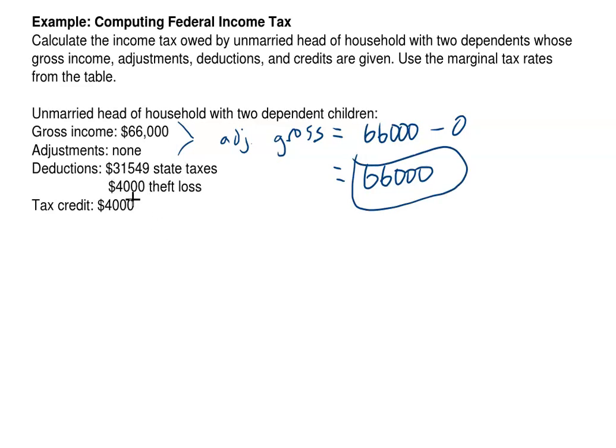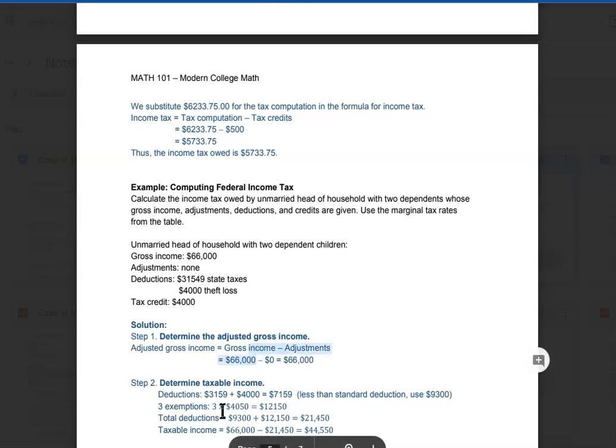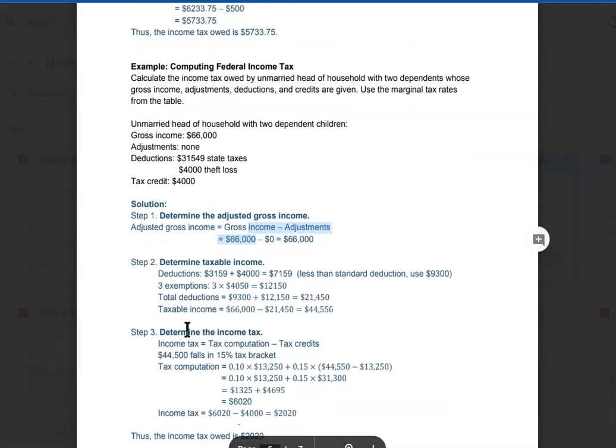Deductions, $31,549 in state taxes. My goodness, that is a lot. That feels like a typo. Wow, I mean, that is a huge amount to pay in state taxes. I really feel like I want to check to make sure that we got that right here. So, yeah, that is a major typo. If you look here at the solutions, right here, deductions, it's not 31,549.